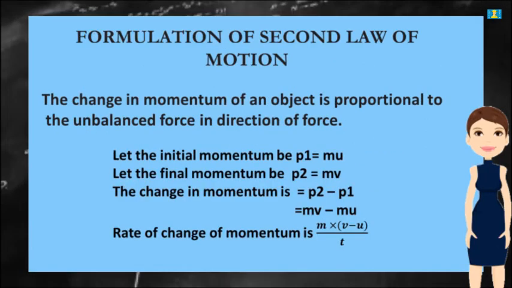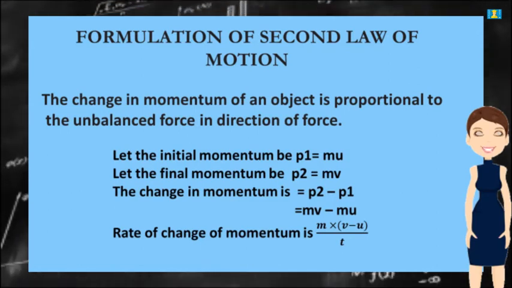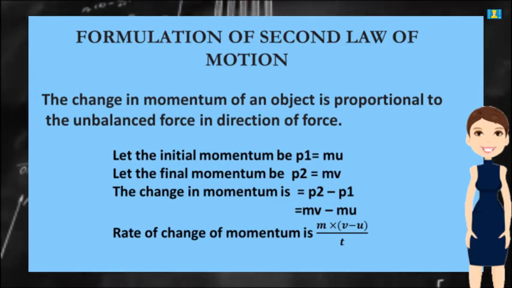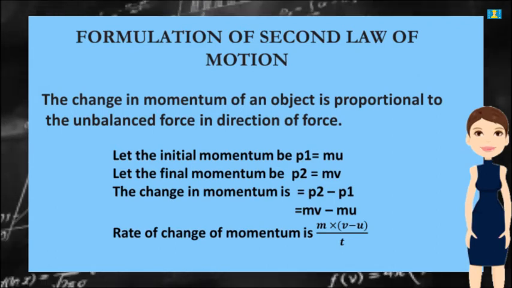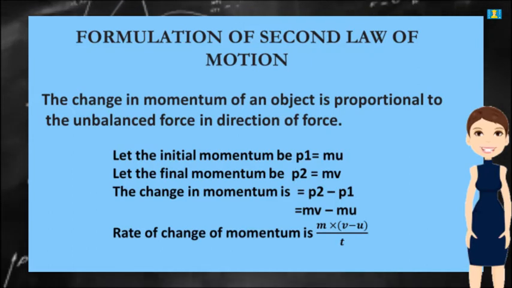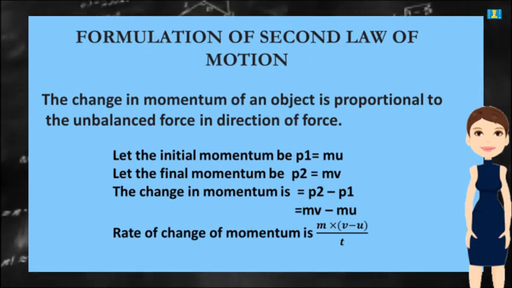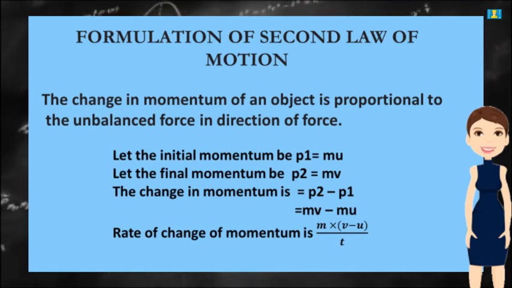Formulation of the second law of motion. The change in momentum of an object is proportional to the unbalanced force in the direction of force. Let the initial momentum be P1 equals mu. Let the final momentum be P2 equals mv.